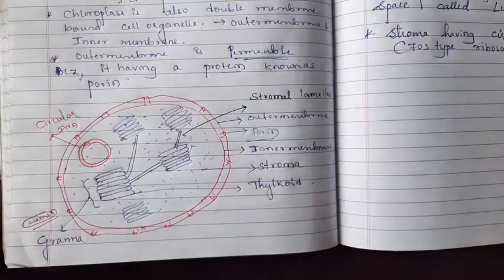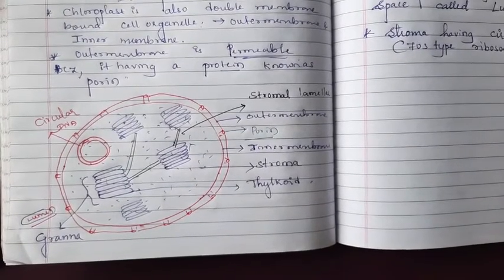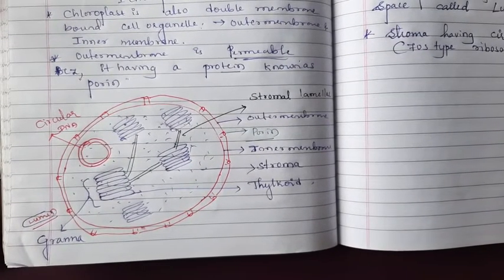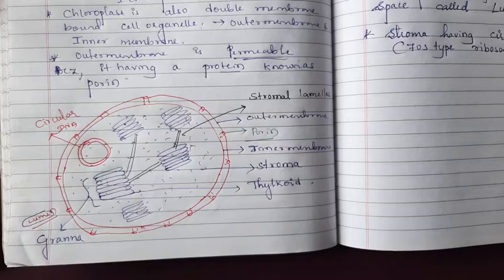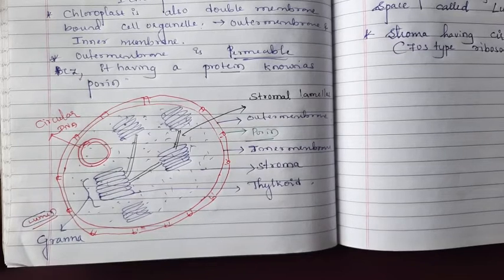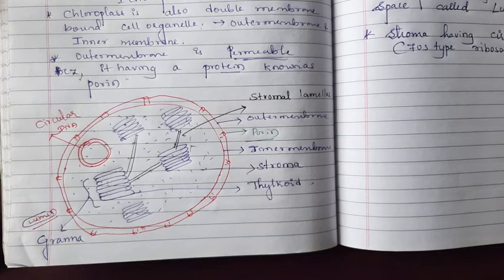I already told that in eukaryotes, the cytoplasm has 80S type of ribosome, but in eukaryotic cell organelles, that is mitochondria and chloroplast, the 70S type of ribosome is present. Remember this point, this one is very important.